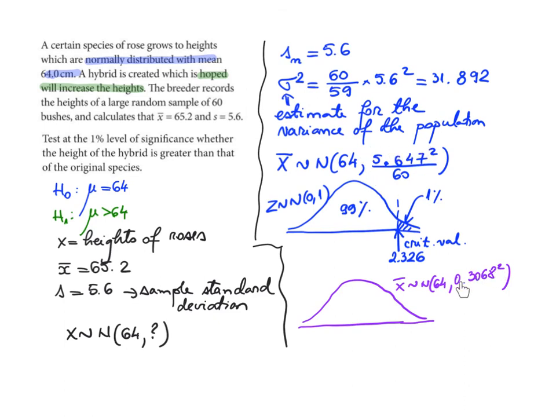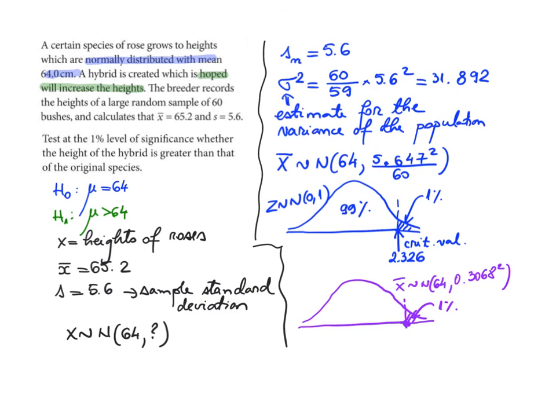So if you square this number, it will give me exactly this value. So I need to look where my test statistic is. The common point between these two is this 1% significance level. I got the critical value from this distribution. Therefore, either I bring my x bar to this distribution, or I bring my critical value to this distribution.